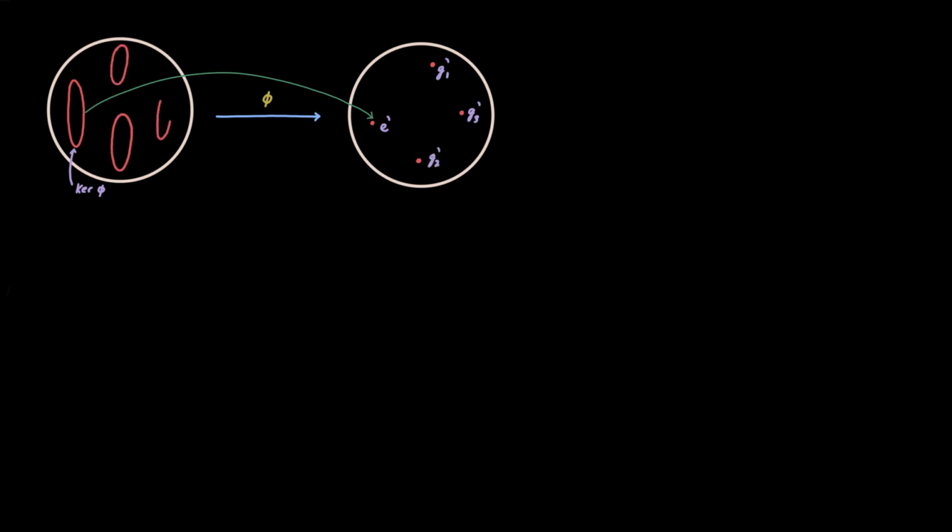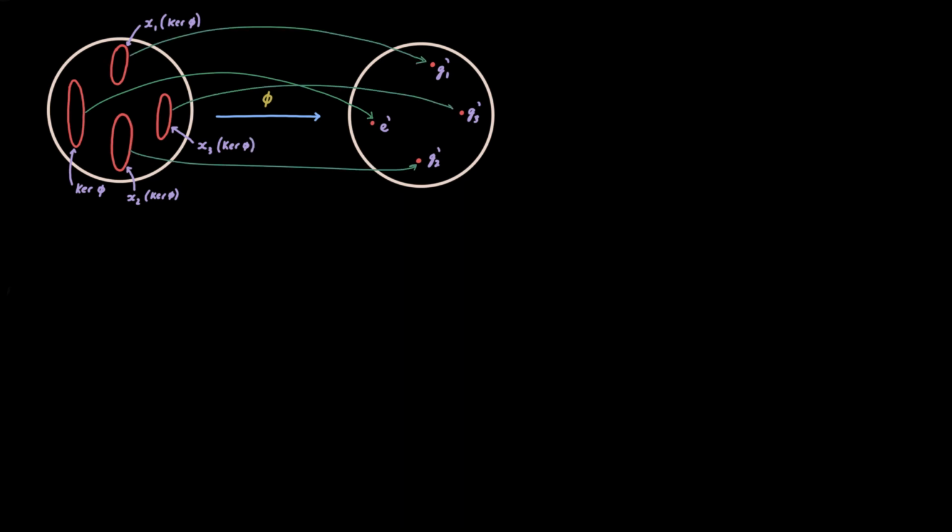We have that these further subsets, indicated by three red ovals, are all disjoint, they can't overlap, otherwise one thing would map to two different things. Let's call that top one x1 times the kernel, the bottom one x2 times the kernel, and the rightmost one x3 times the kernel. Those are the sets of all elements that map to g'1, g'2, and g'3 respectively.